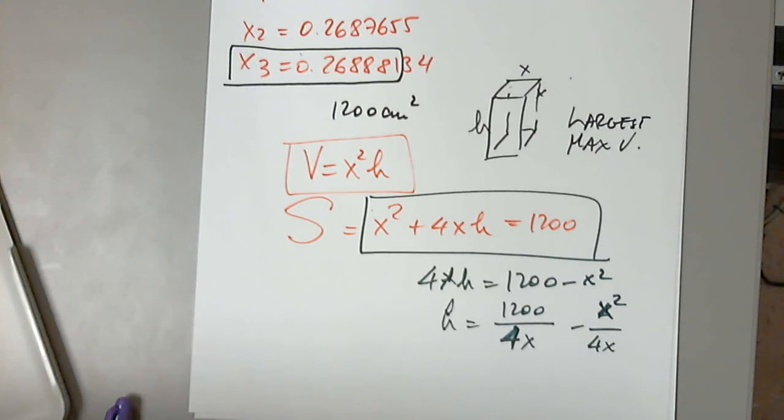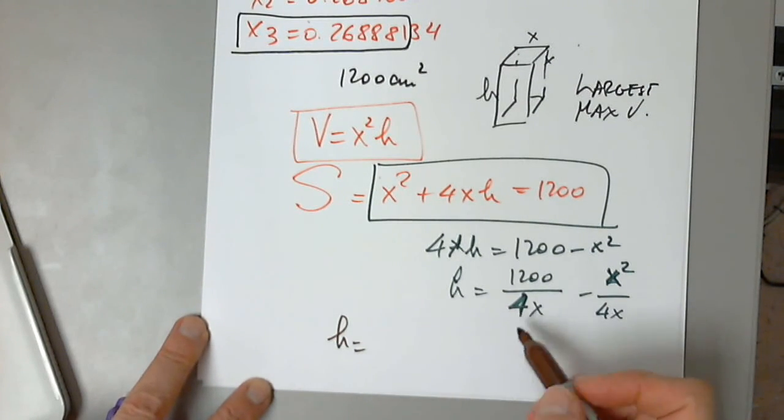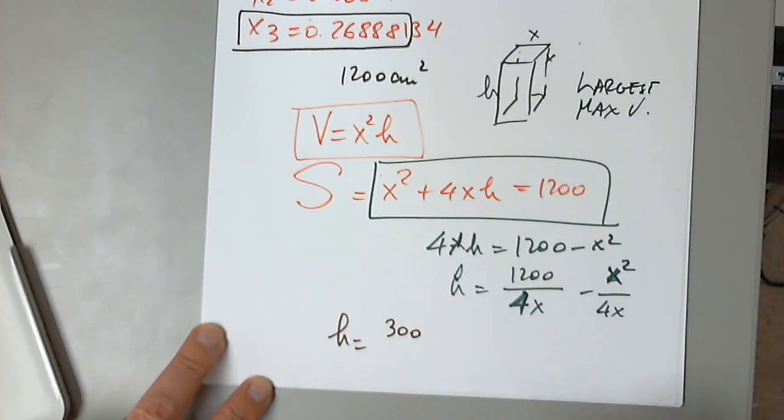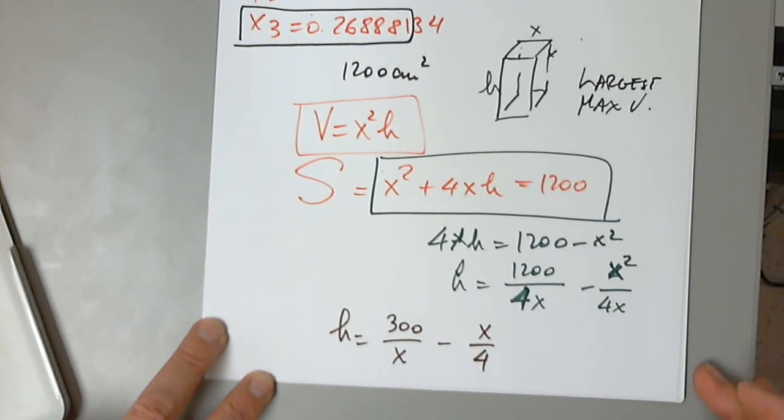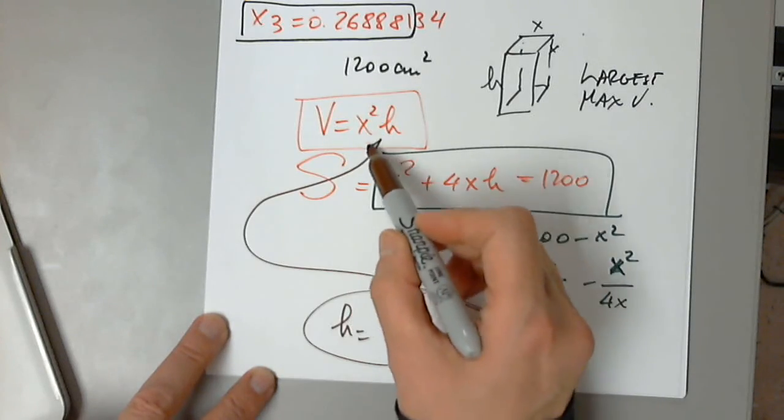Is everyone with me so far? Yes? So then h, I'll simplify and I get 300 divided by x minus x over 4. And this is what I plug in the volume.